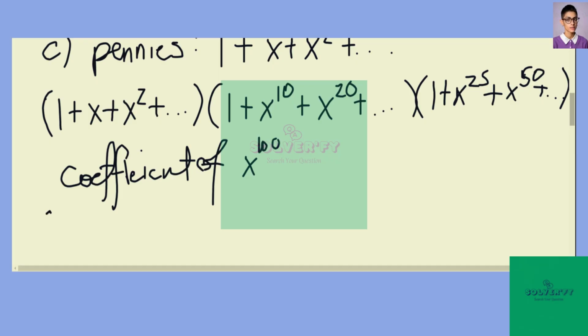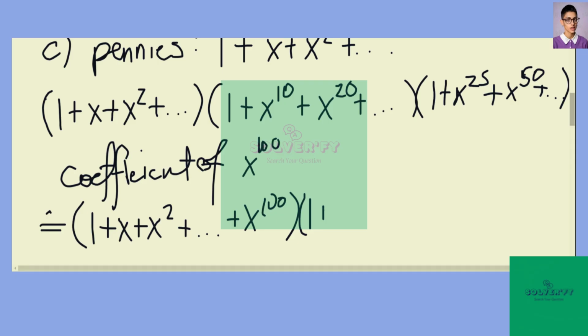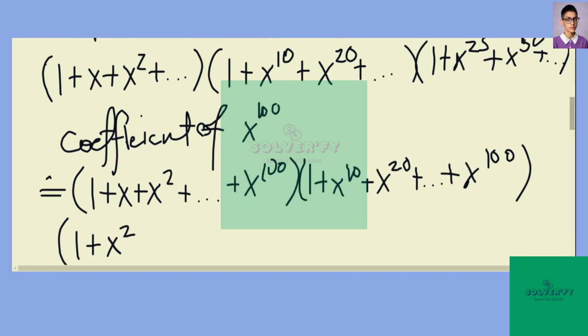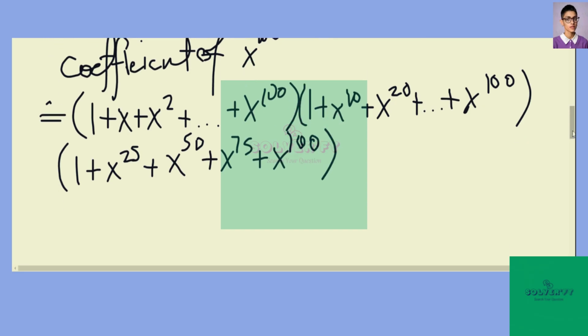So we can write this as 1 plus x plus x squared up to x to the 100, times 1 plus x to the 10th plus x to the 20th up to x to the 100, times 1 plus x to the 25th plus x to the 50th plus x to the 75th plus x to the 100. And using the computer algebra system, we can expand this polynomial and find the coefficient of x to the 100.